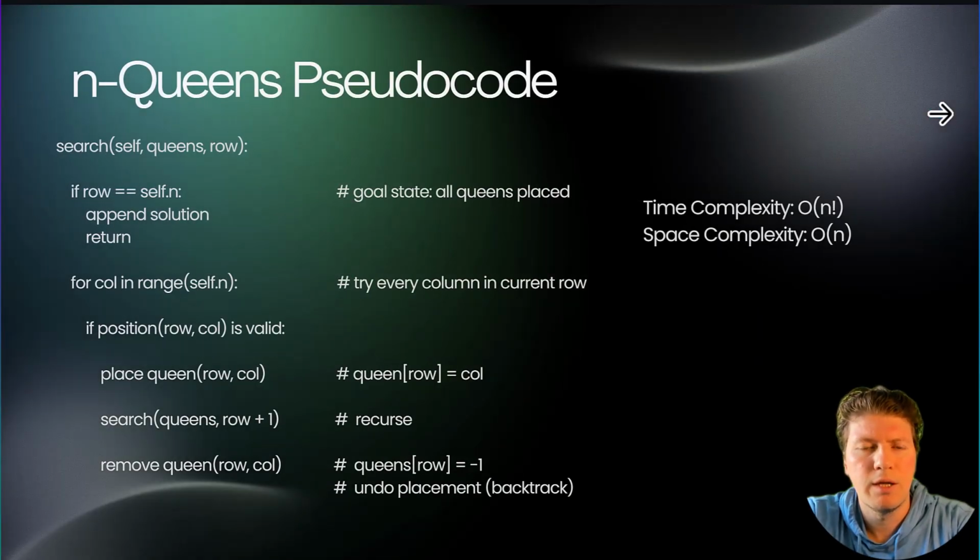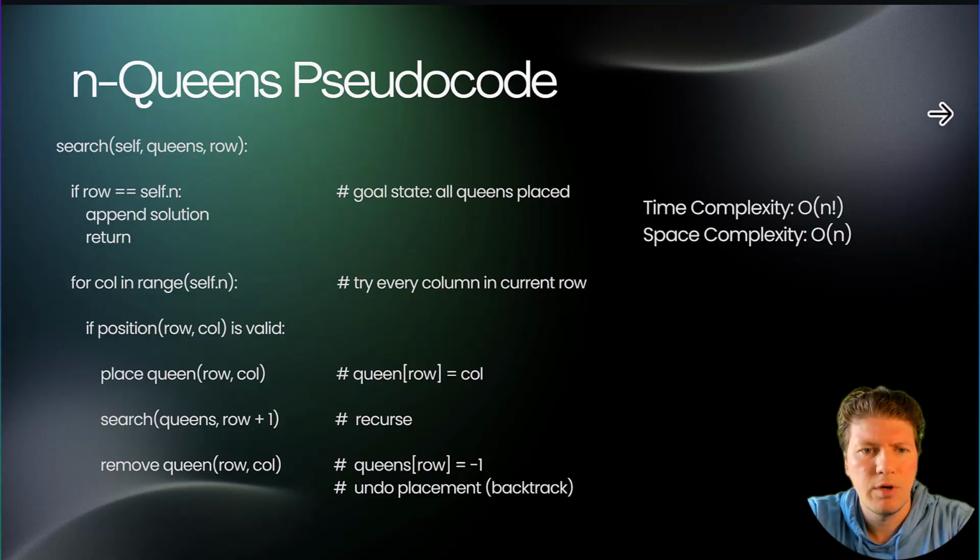So let's look at the n-queens pseudocode. We have a search function that takes in queens and row as parameters. If row is equal to n, then we reached our goal state and we append a solution. Otherwise, we try every column in the current row.